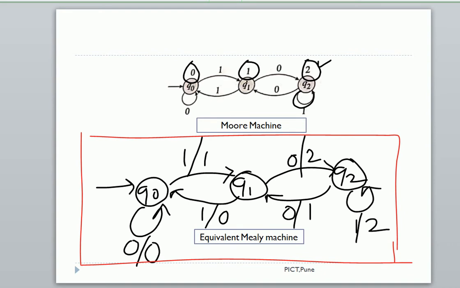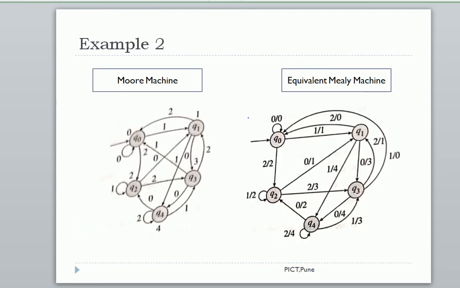Okay. Let's take one more example. Fine. Here again I have given already the output of the Mealy, or we have achieved the equivalent Mealy machine from the given Moore machine. That is also simple, looks complicated. See Q0 on the 0, for your understanding you can pause and see it again.